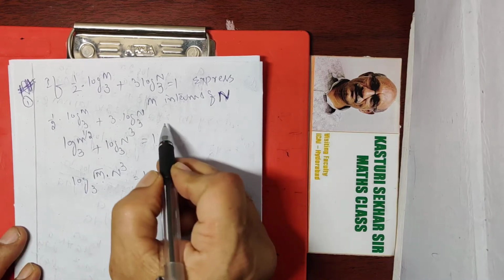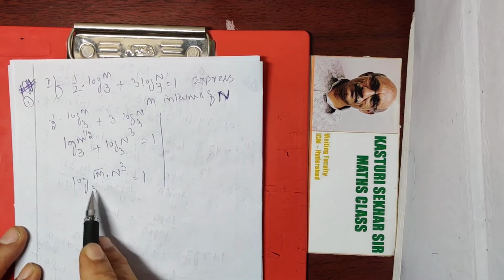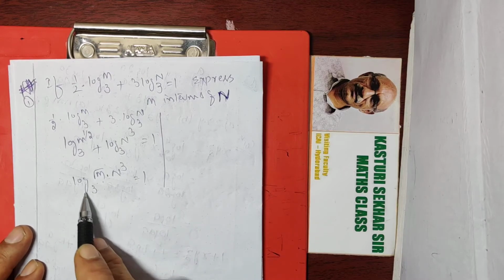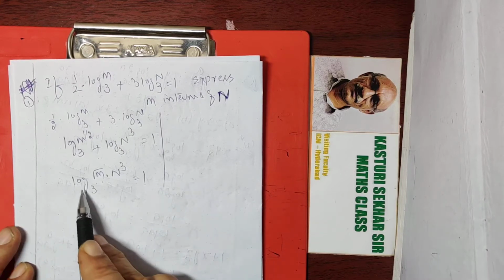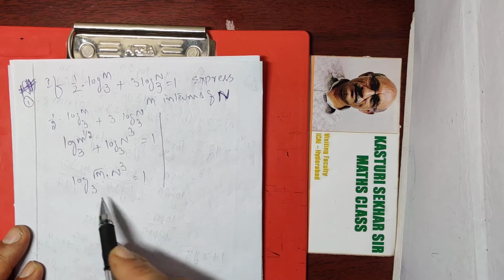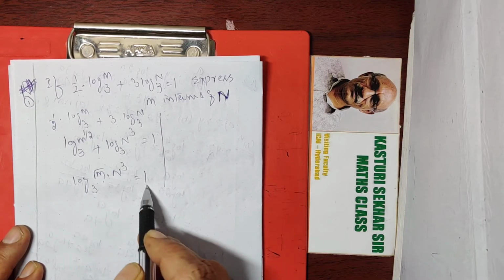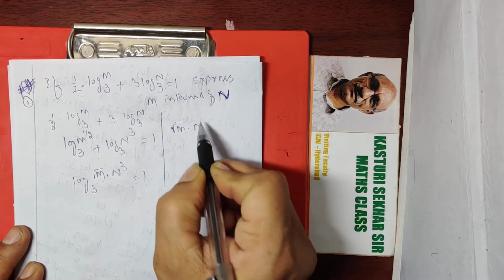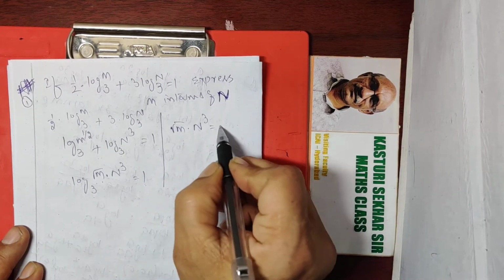Now one side we have log, another side constant. So we can remove this log. When log is eliminated, the base will become base to this number. Square root of m into n cube is equal to 1.